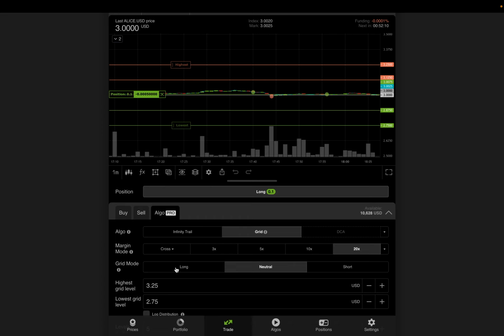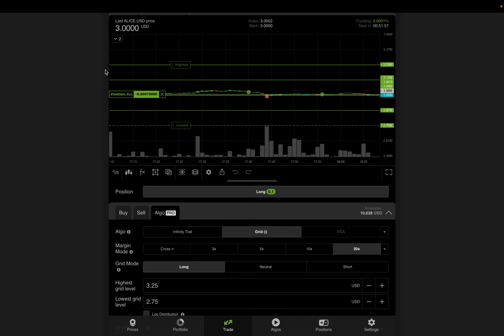So what long mode basically does, it initially places buy orders on all the grid levels. What that effectively means is that once you launch it, buy orders above market price are actually executed right away.